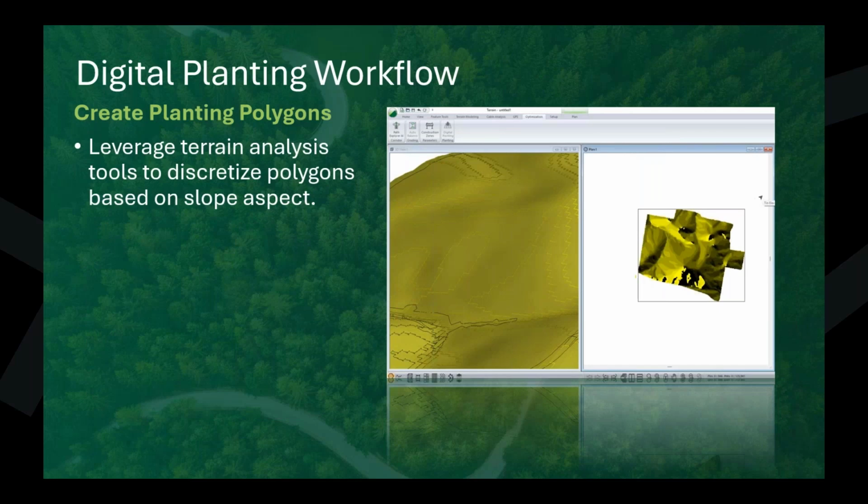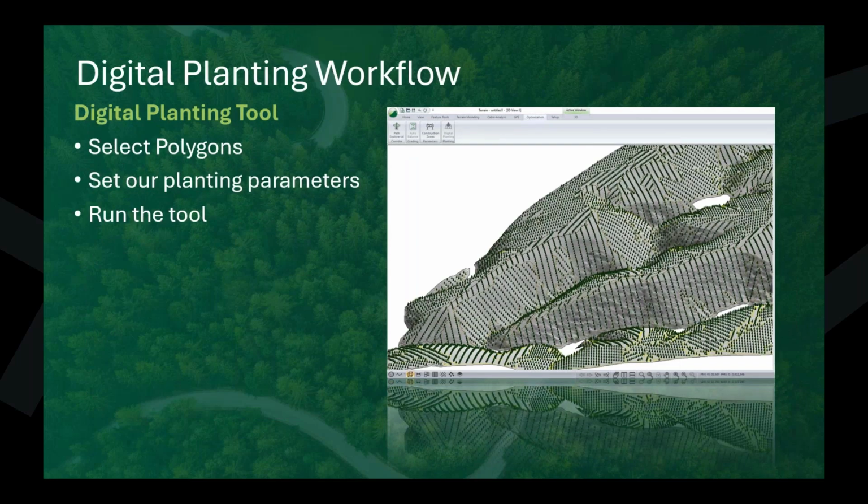Once we've got those polygons, we're going to select them, and then we're going to set our planting parameters, number of trees per row, minimum number of trees per row, I should say, the distance between trees, the distance between rows, run the tool, and then it's going to give us our digital planting output in the form of individual tree features being created inside of our block boundaries. Again, super useful for getting tree counts for planting, useful for being able to plan that mechanization from the planting or the thinning or the final harvesting. And so with that, I'll pass it to Matt.